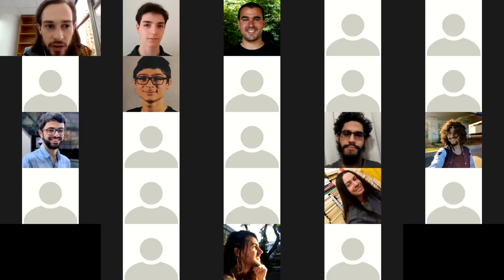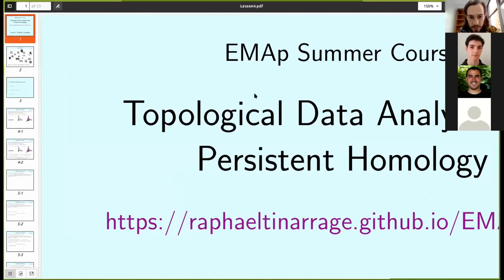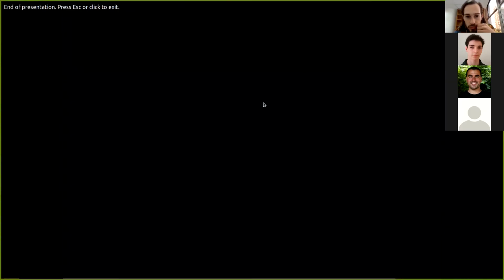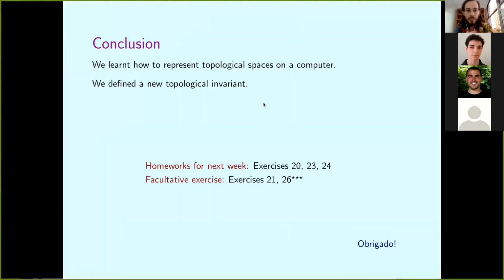I think I have a conclusion slide. To conclude, I'd like to say that I showed you today how to represent a topological space on a computer. So simplicial complexes are the very basics of combinatorial topology. And on the way, we have been able to define a new topological invariant.